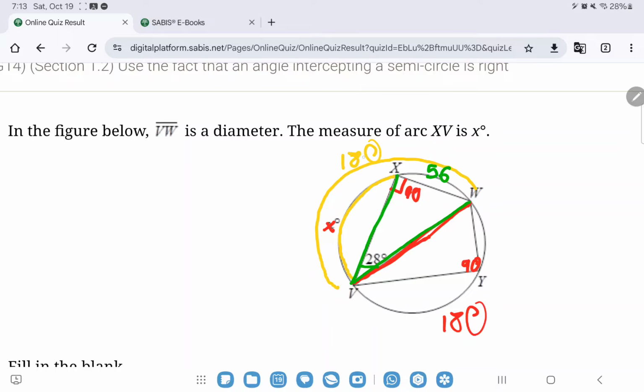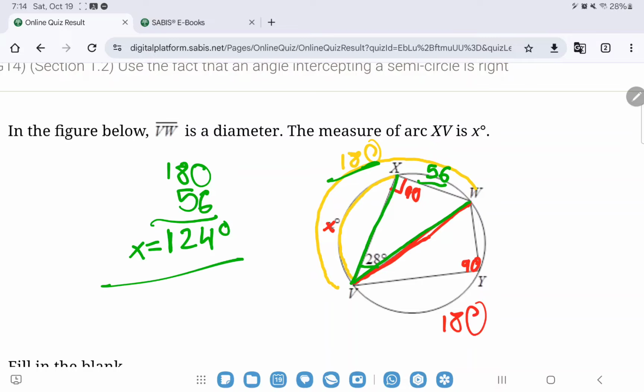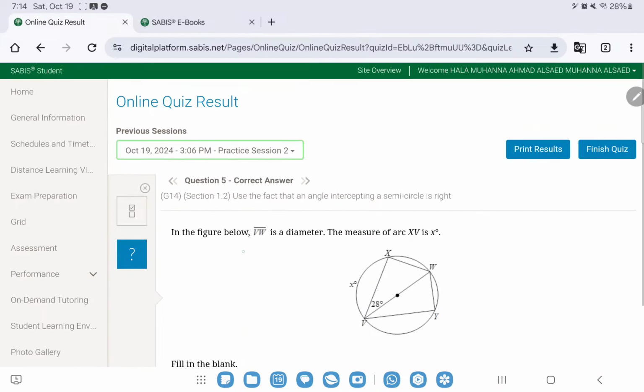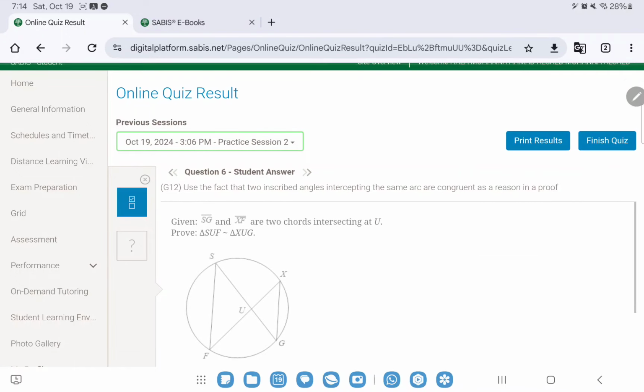So if this whole thing is 180, and this part is 56, 180 minus 56, you're going to get 124, and that's your arc x. So x equals 124 degrees. That's it. See? 124. Now let's move on to the next question.